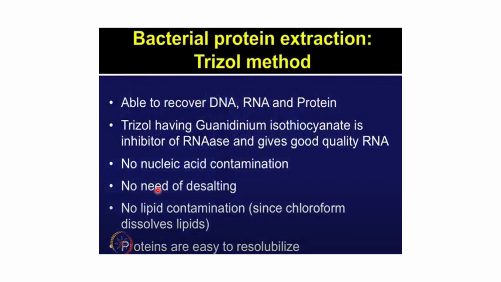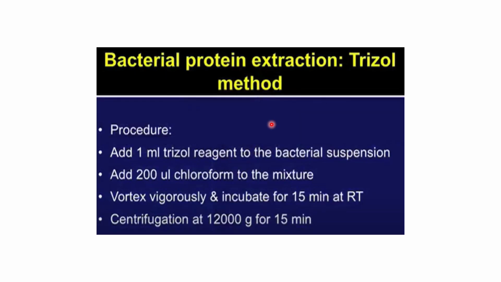For all those methods, you require a desalting step. If you are doing it with trizol, you will not require this step, and you will also not have lipid contamination. So all this will be removed for sure if you are using the trizol method. And proteins are also easier to resolubilize using this method.